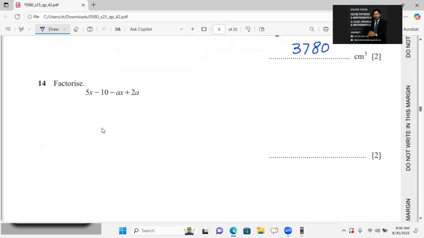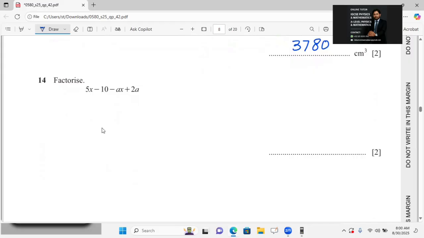Let's go for factorization here. Okay, here it is AX. I'm joining the X terms, like 5X minus AX. I have joined the X values over here. And then I am also joining the A values.